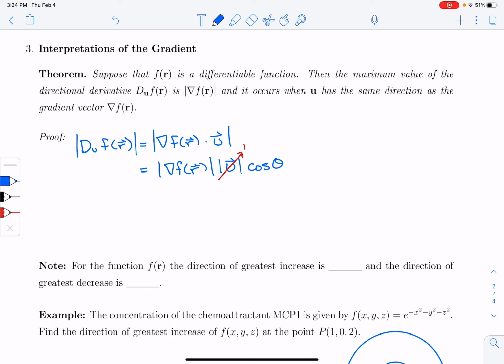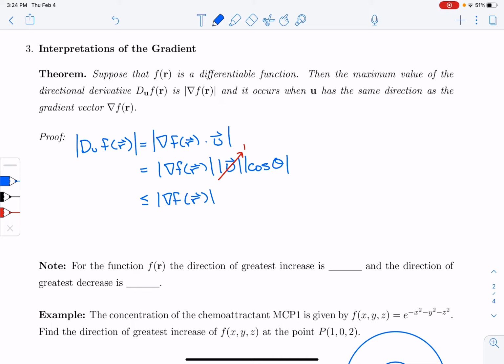That's equal to the magnitude of the gradient of f times the magnitude of u times the magnitude of cosine theta. The magnitude of cosine theta is less than or equal to 1, so this whole thing is less than or equal to the magnitude of the gradient of f. So this says that the maximum value of the directional derivative is the magnitude of the gradient.